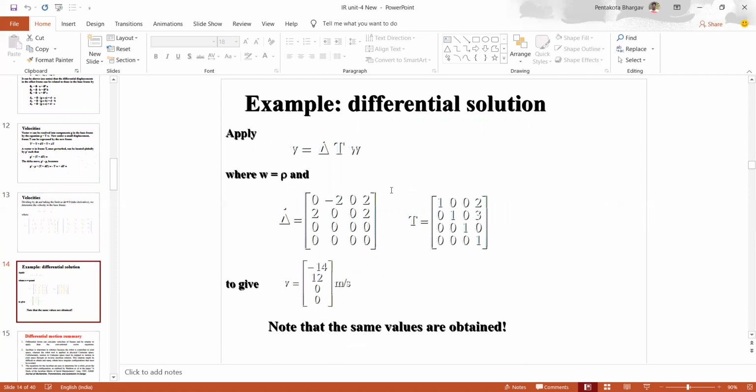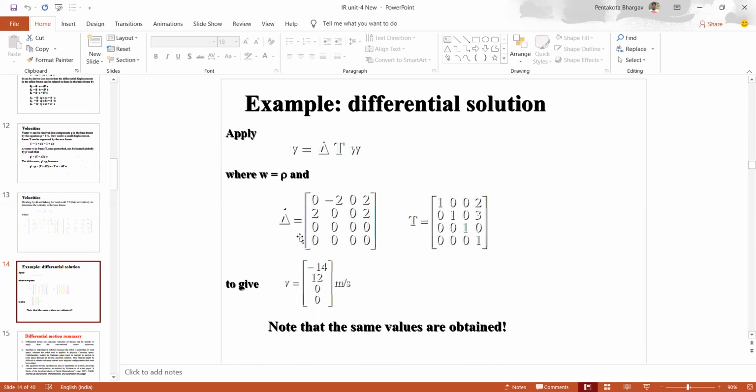Stop the PPT. Just finally about the differential solution. You have the delta T to the power W. First you apply V is equal to delta T to the power N. Next W is equal to rho. Here rho has Px and Py, and here 1 0 0, 0 1 0, 0 0 0, the x position and y position.